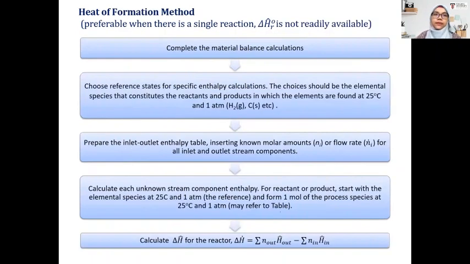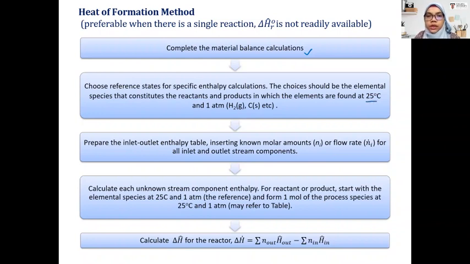the reactant. If we involve the heat of formation, this method is preferable when there is a single reaction or the value of the standard heat of reaction is not readily available. The same procedure: we complete the material balance and then choose the reference state for the specific enthalpy calculation.